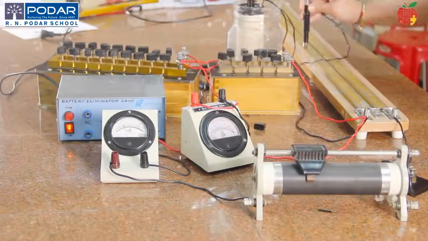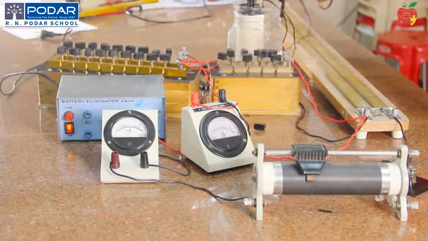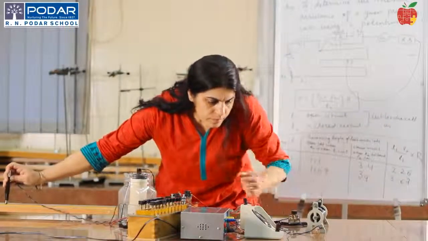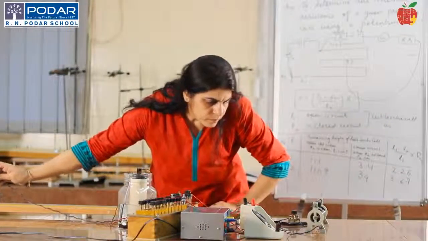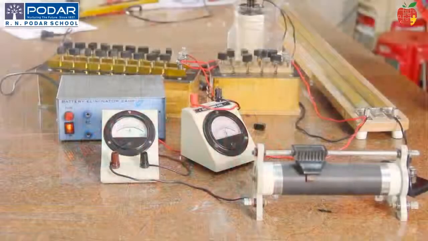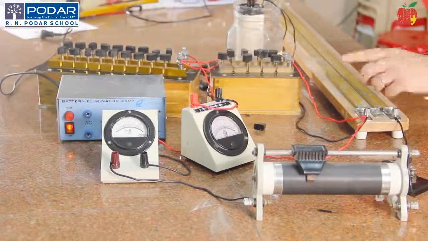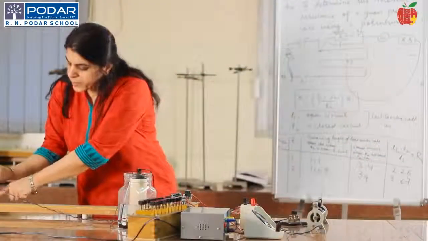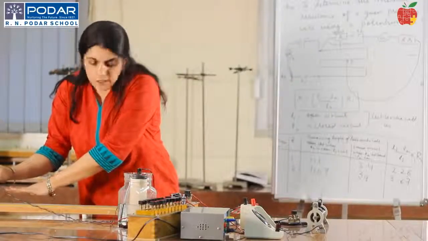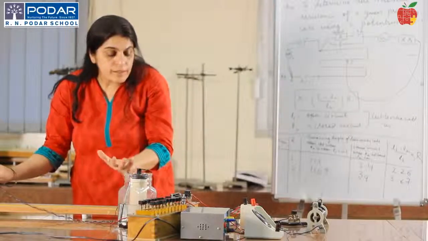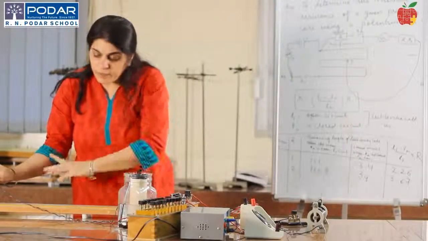So when I put it here, I will find the balancing length. At this position, we find the galvanometer shows null deflection. So note down this position, the balancing length, that is L2 on this potentiometer wire. In this case, the Leclanché cell is in a closed circuit, and we have found L2.